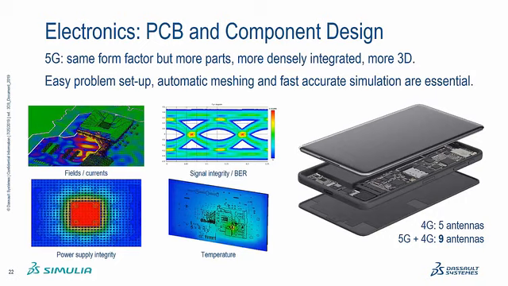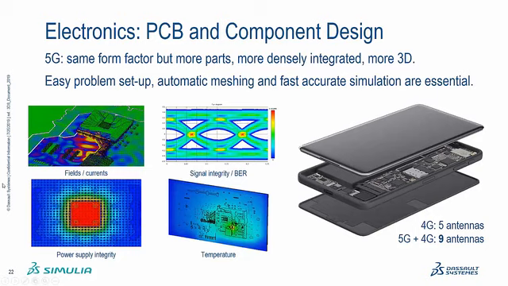Now the key point here is that with the advent of 5G, we still have a phone or a device which has the same form factor, but we have more parts, more communication systems, much more densely integrated into the device. Everything becomes more three-dimensional, so you might have more layers of your printed circuit board, you might have folded structures or more flexible printed circuit boards. So everything is more integrated and operating at a higher frequency, and that means that things become more three-dimensional.